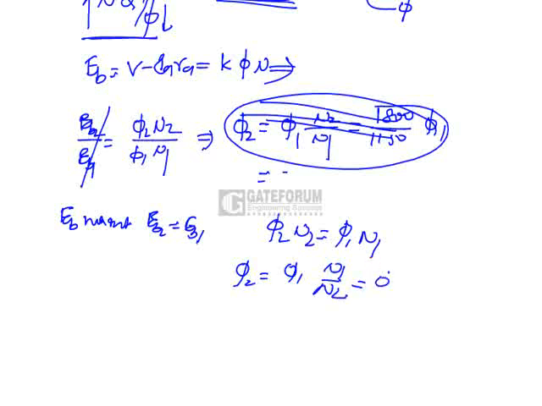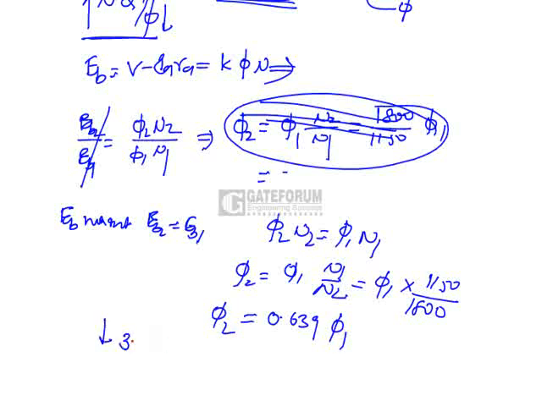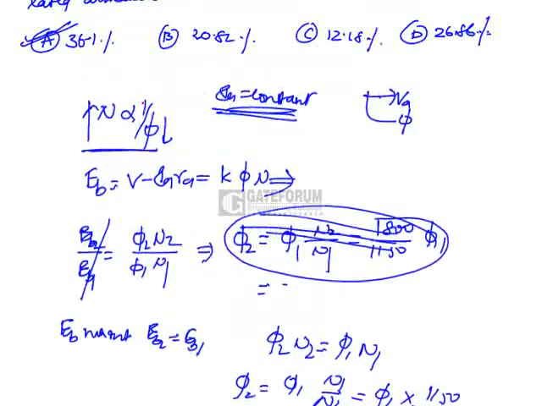Phi1 times 1150 rpm divided by 1800 rpm gives phi2 as 0.639 phi1. That means the reduction in flux is 36.1%. So option A is the correct answer.